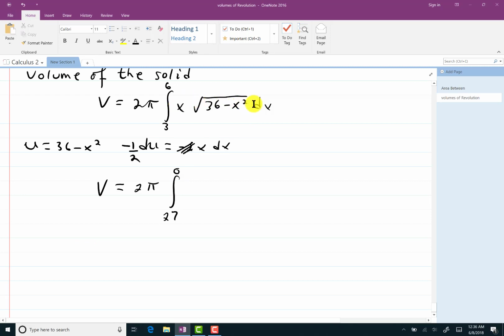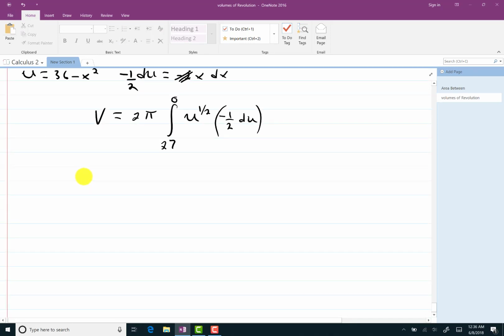Now let me go ahead and replace these. X dx I had, but let me do that part right there. This is going to be the square root of u, but it's better to put it as u to the 1/2. And then x dx was equal to negative 1/2 du. I'm going to do a little bit of simplifying. The 1/2 I bring out, I get a negative pi.